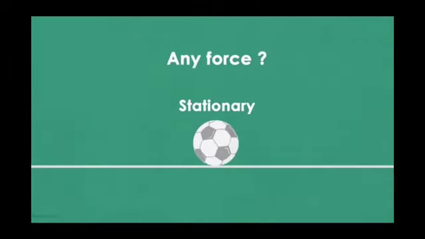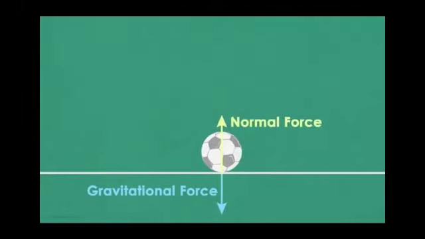A ball is lying at rest on the ground. Is it stationary? Is there any force acting on it? And the answer is yes. There are forces acting on this ball. There is a gravitational force which is trying to pull the ball towards the earth.